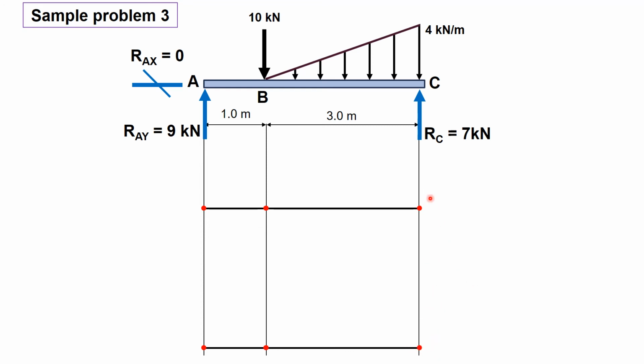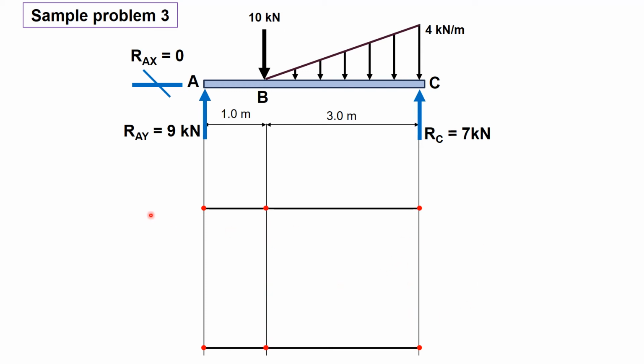Pero pwede naman na isa-isahin mo yan na shear diagrams muna. Then after plotting this, saka ka maglagay ng line para naman sa moment diagram. Kasi kaya ako pinagsabay para pakita ko lang na both lines na magre-represent sa shear and moment diagram ay nilagyan ko ng mga ganitong dots.